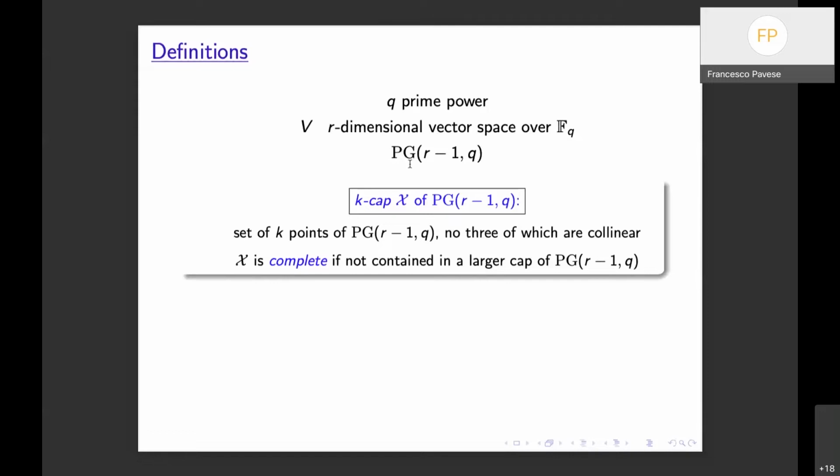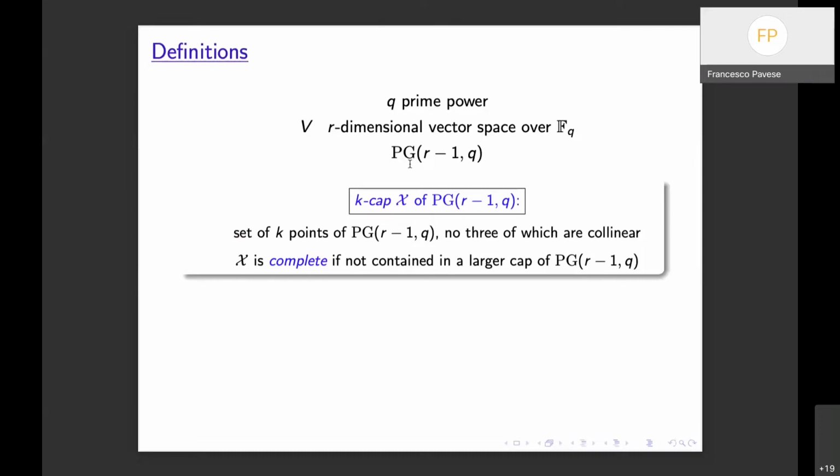Well, it is a set of points such that no three of them are collinear. And a cap is said to be complete if it is not contained in a larger cap. In other words, every point outside X lies on a line joining two points of X.